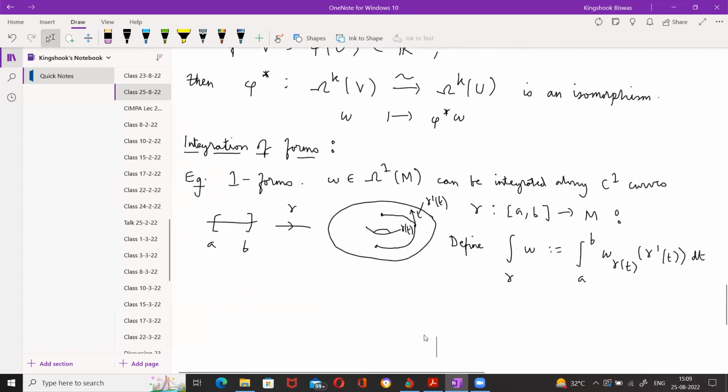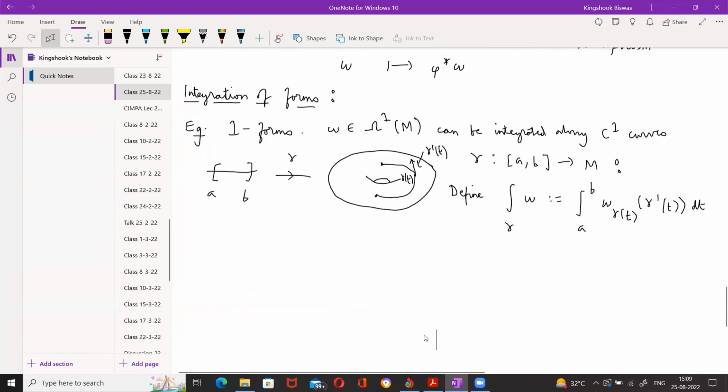So what's a natural example of one forms? For example, from physics, an example of the integral of a one form will be work done along a curve. So suppose you have, say, F equal to, let's say, a vector field PQ, a vector field on R2.